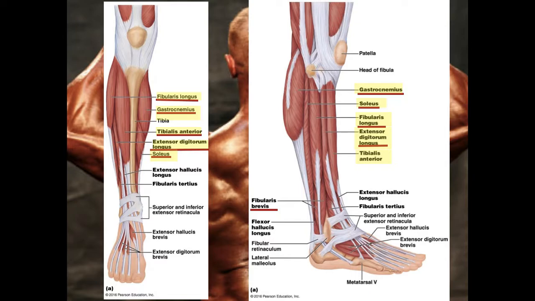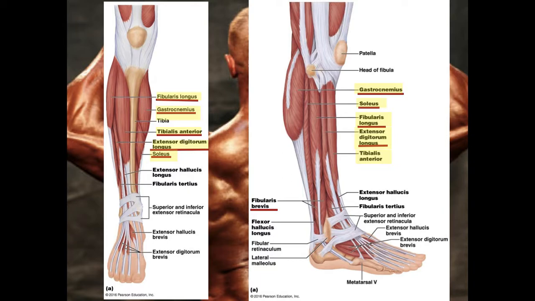Okay. So we've seen this picture. That was the same one from before, it's got a little bit removed, but it's okay. Let's go to this one. Okay. This is another one where it may be helpful to memorize them in some sort of order. Come up with some sentence that will help you. But it goes gastrocnemius as the big guy you see in the back. So if you see somebody's big calf muscles, it's probably the gastrocnemius. Underneath him is the soleus, fibularis longus, extensor digitorum longus, tibialis anterior on the front.